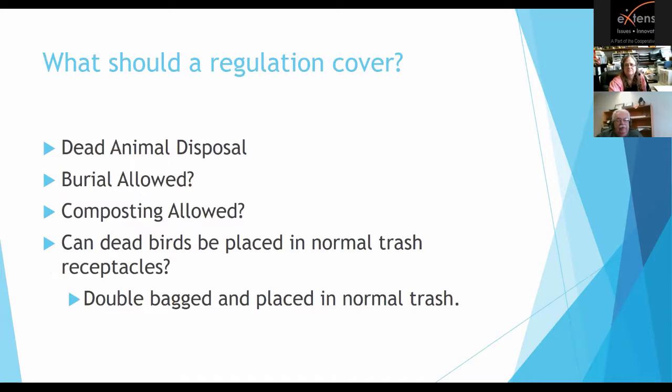An example is, are they allowed to be placed in trash if they're double bagged, tied shut, and placed in the normal trash? So dead birds and waste have to be addressed on how you deal with them. This doesn't have to be in the formal regulation that allows it, but it can also be in some ordinance or some questions and answers that the community comes up with.